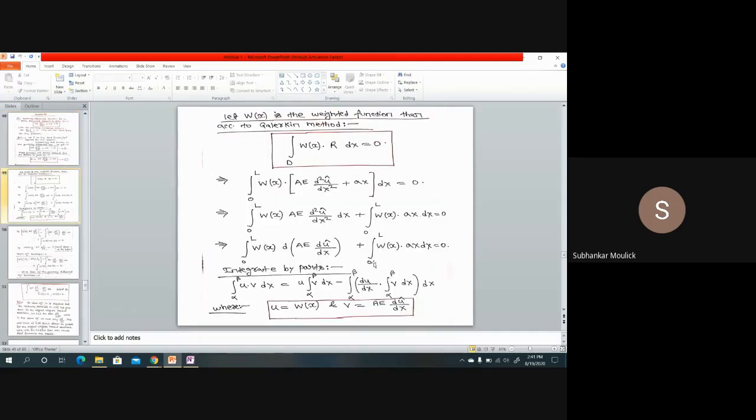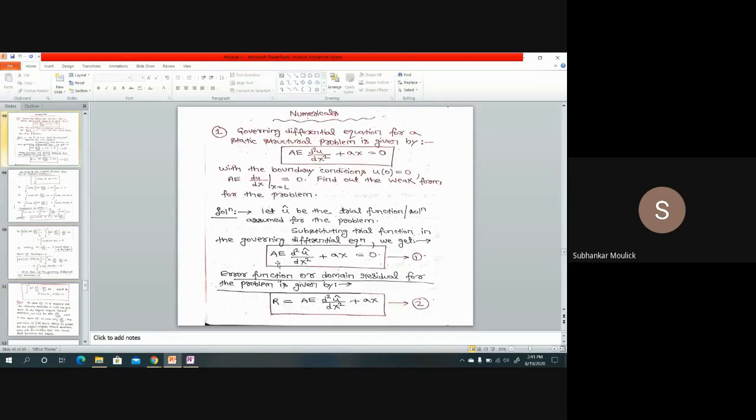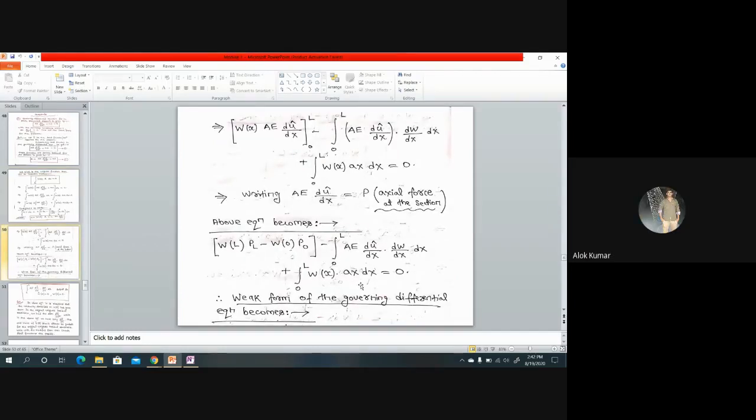So that's why I have not written A into E du cap by dx as P over here. Why? Because this equation will satisfy the natural boundary condition. Understood? Yes, sir.